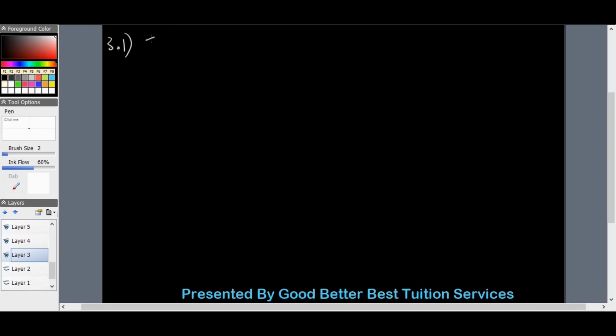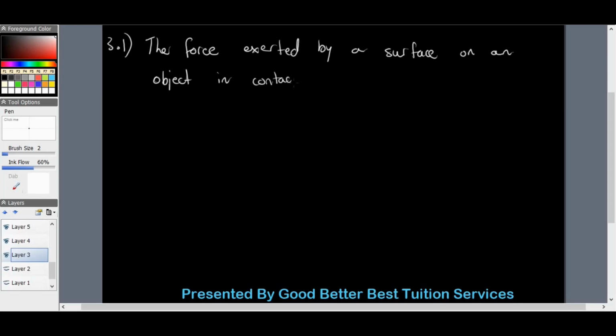So the first one for the normal force, which I'll give to you, is defined as the force that is exerted by a surface on an object in contact with it.